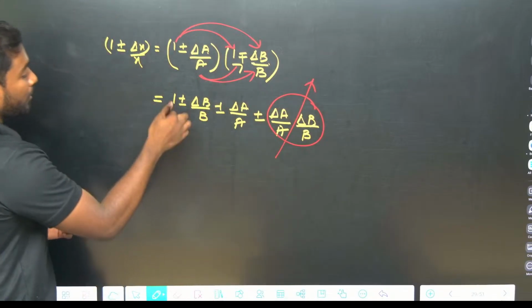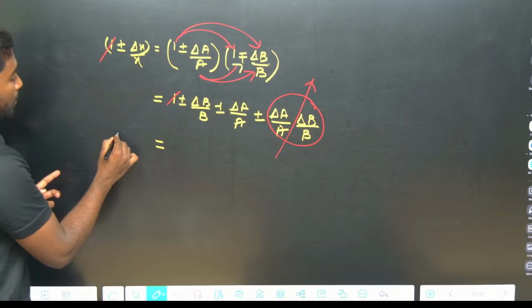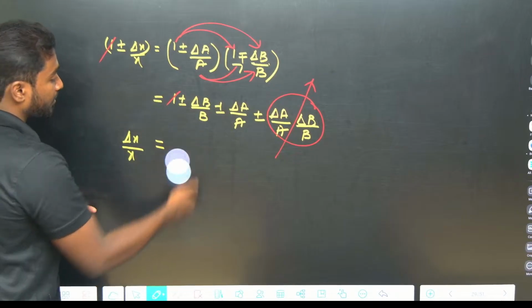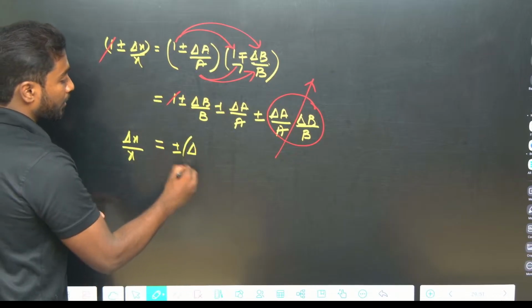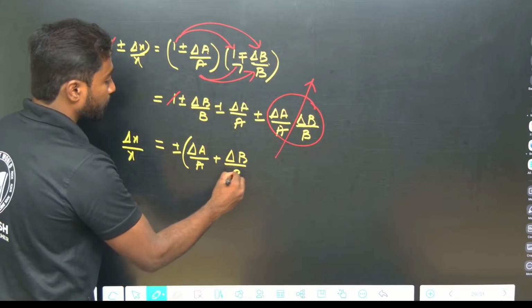So what is the remaining thing? 1 and 1 will get cancelled off, right? So delta x by x will be equal to plus or minus delta A by A plus delta B by B.